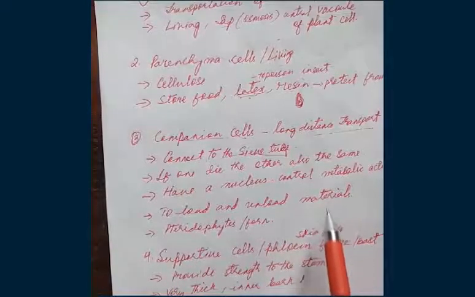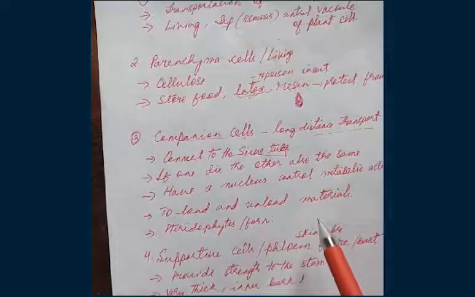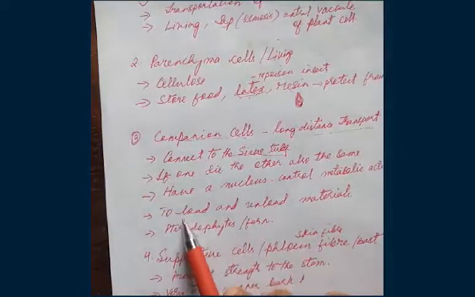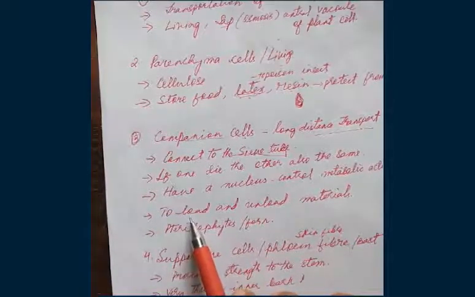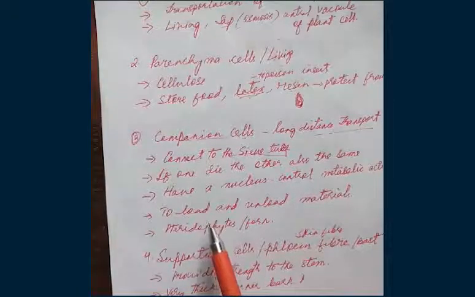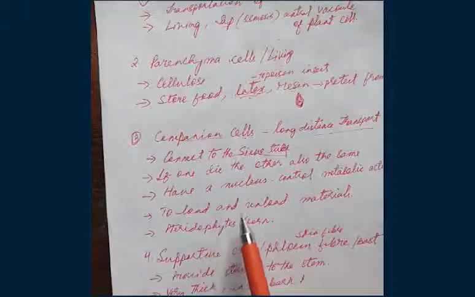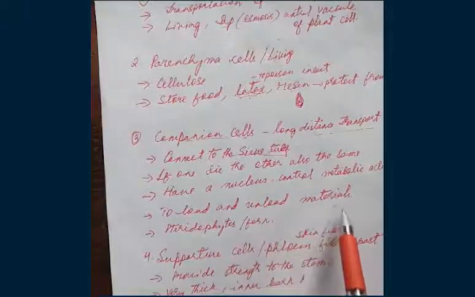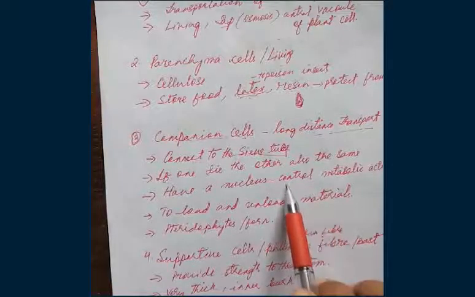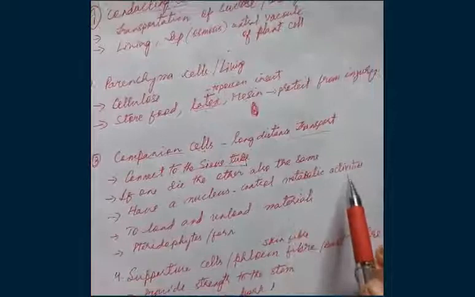You see, it acts as a labor, I mean, a person who works. Sometimes when things need to be carried, they load the food material, and when they reach the destination, they use these companion cells to unload material. I've mentioned earlier that it controls the metabolic activities.